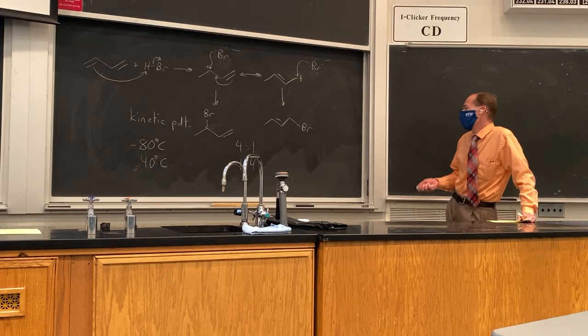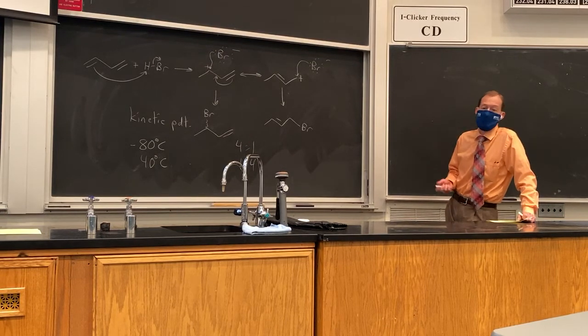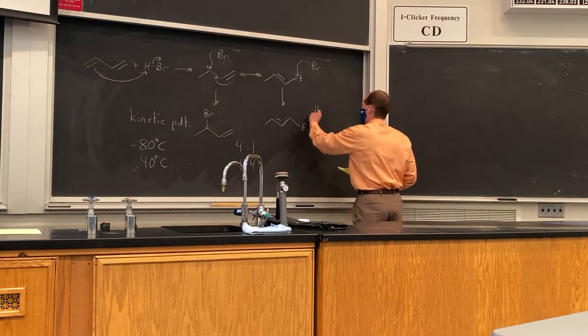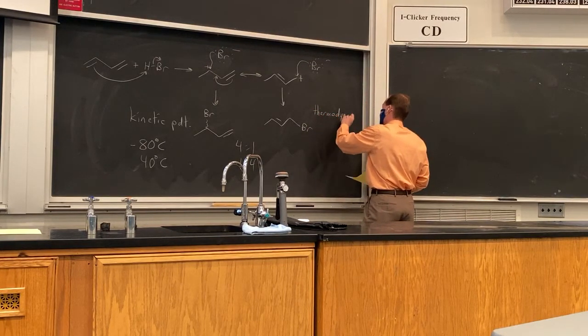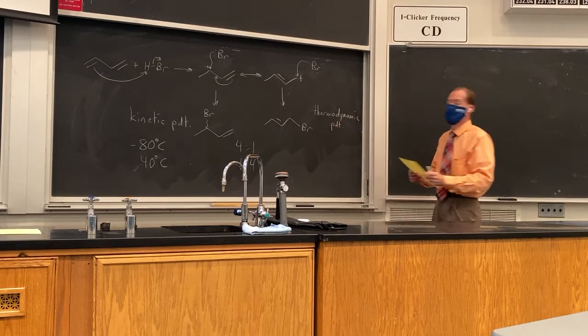It's lower in energy because it has a disubstituted alkene as opposed to a monosubstituted alkene. So we refer to the 1,4 addition product as the thermodynamic product because it is the more stable product, okay?